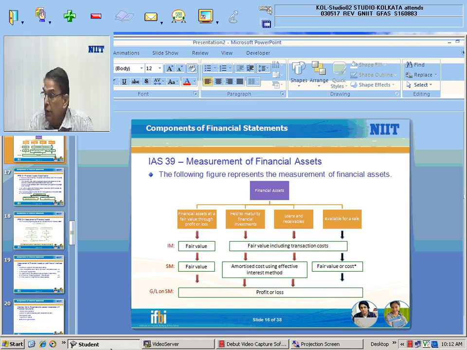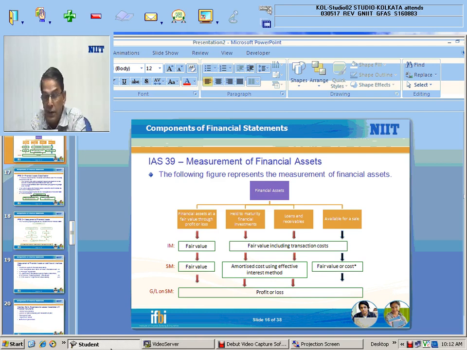For FVTPL only, transaction cost is expensed to P&L. For the other three types of financial assets, the transaction cost will be included in the initial measurement; the fair value will include the transaction cost. So all other financial assets excluding FVTPL are initially measured at fair value with the transaction cost.